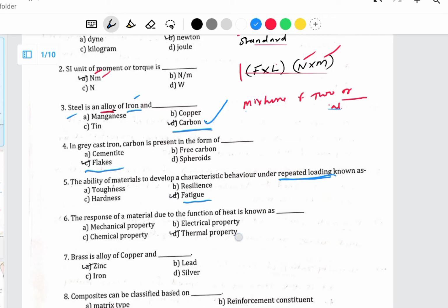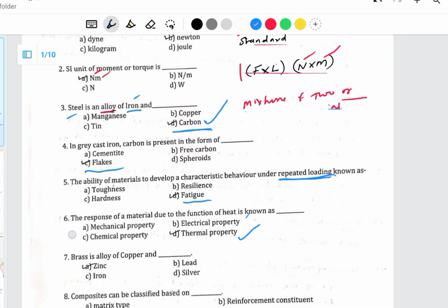The next: the response of the material due to the function of the heat is known as? If you are heating some material and it is getting hot, which property is it because of? It is the thermal property. It is not electrical: if you are giving current, it will give you a shock.